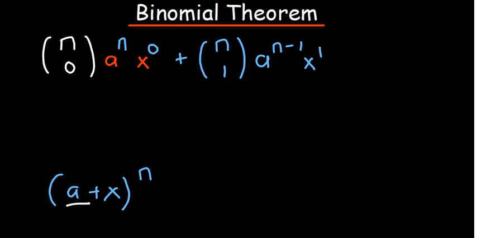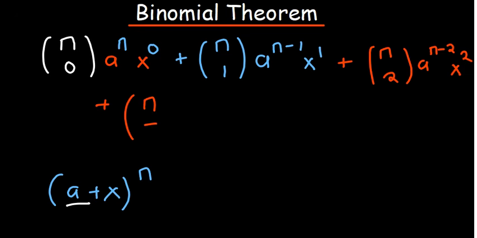Try to guess what will be the next term there. It will be n choose 2, a will be to what power? Now a will be the difference, which is n minus 2, and x will still match up with 2. Try to guess the other term: n choose 3, a will be to the power difference, then b, which is x, will just match up with 3 again, to the power 3, and so on and so forth.